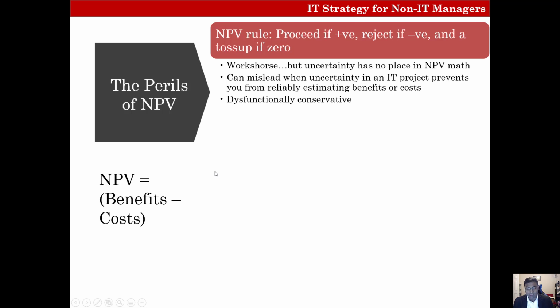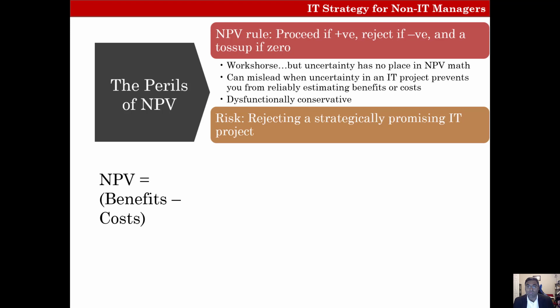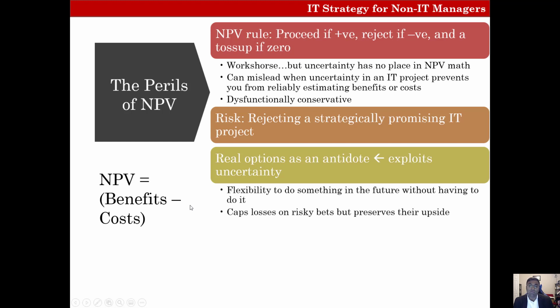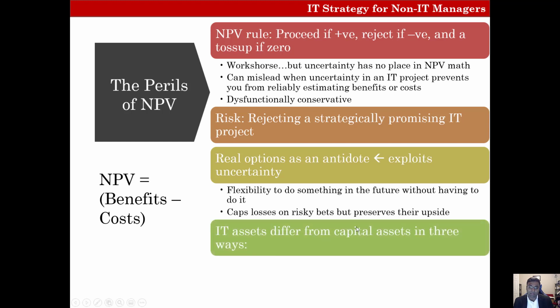Conservatism is good, be careful, but then it actually increases the chance that you're going to reject a strategically promising IT project. And real options is an antidote which allows you to exploit uncertainty and gives you flexibility to do something in future without having to do it right now. It also provides you a ceiling on the losses on risky bets but preserves their upside.